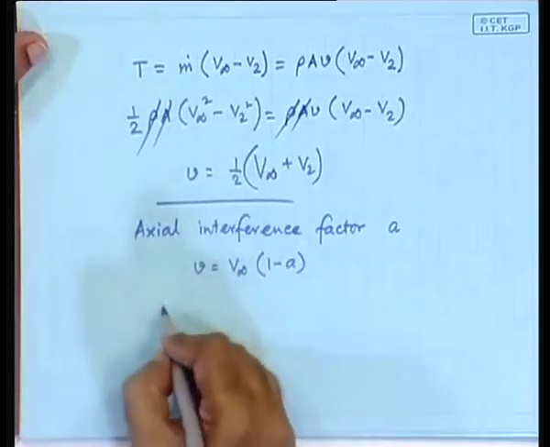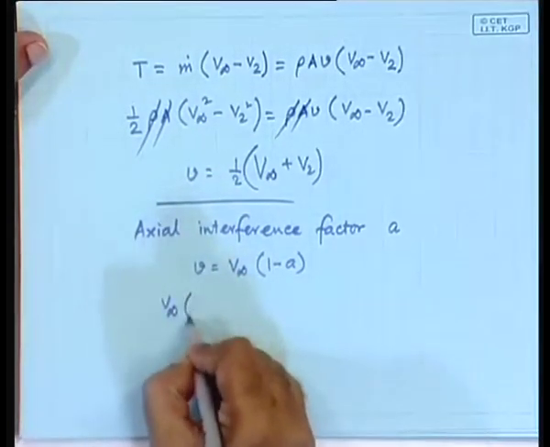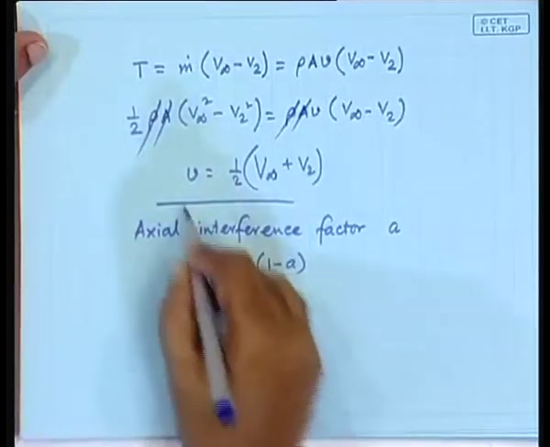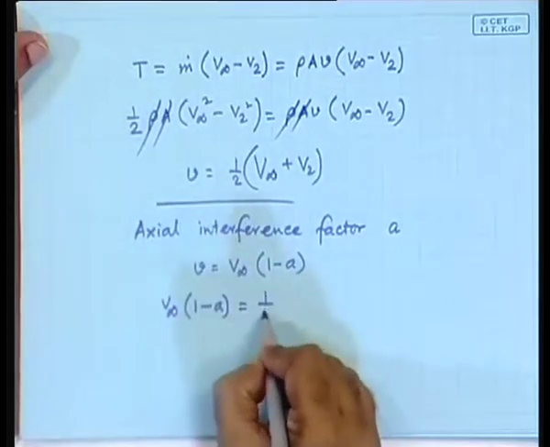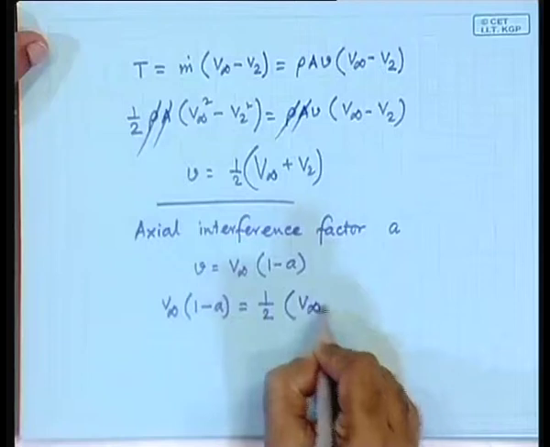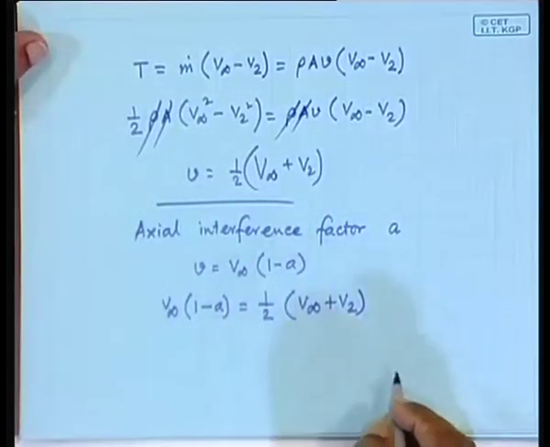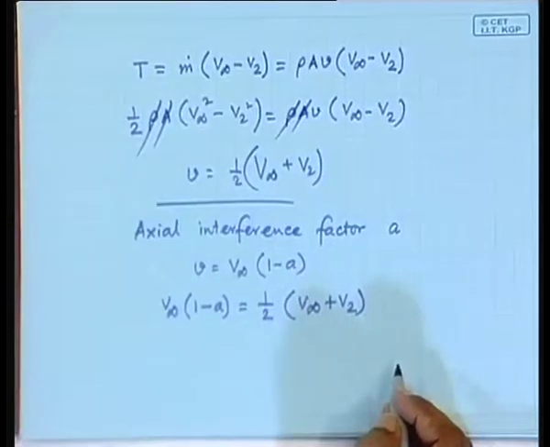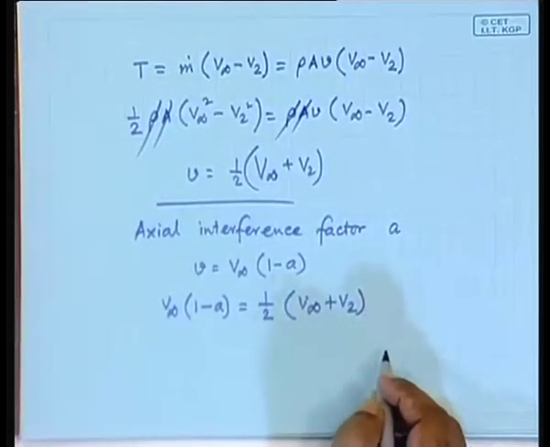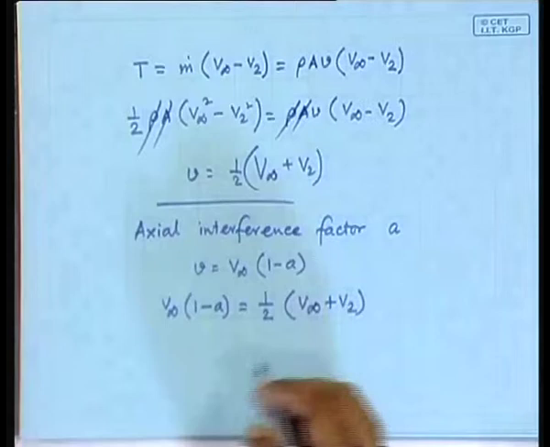V infinity into 1 minus A is equal to half V infinity plus V2. So, we are trying to find out what is V2. So, you just find out how much it is. Yes.